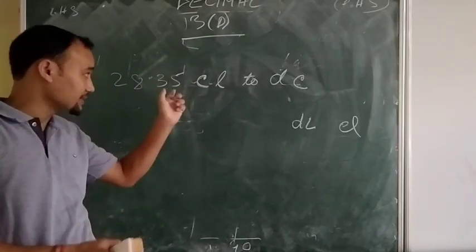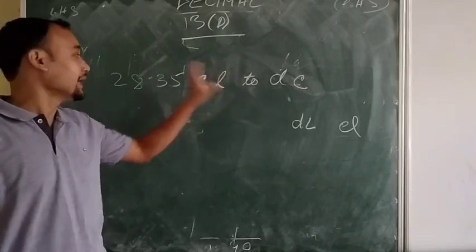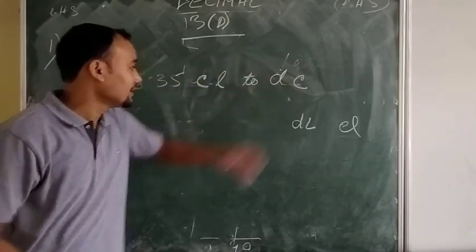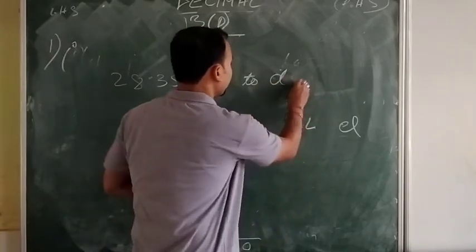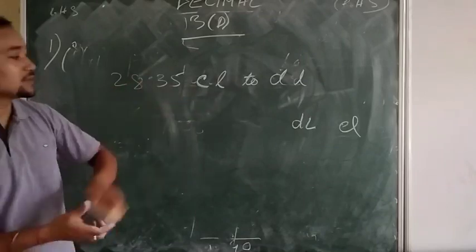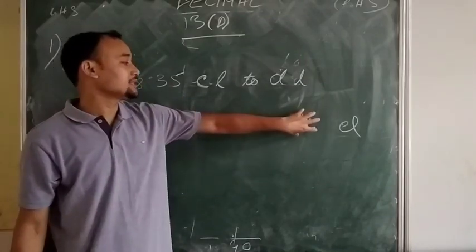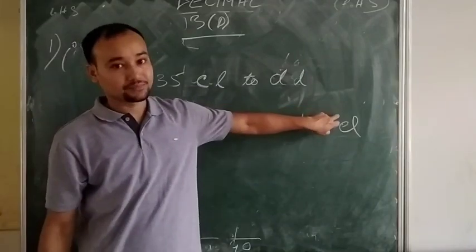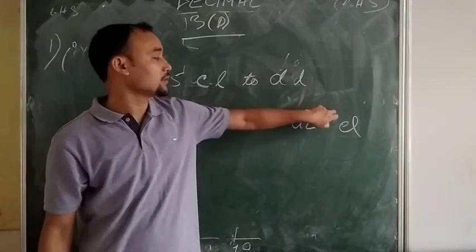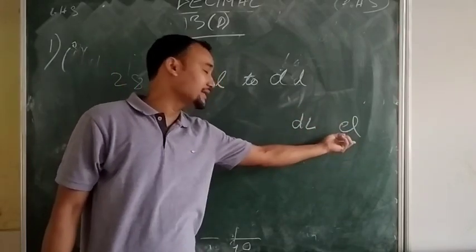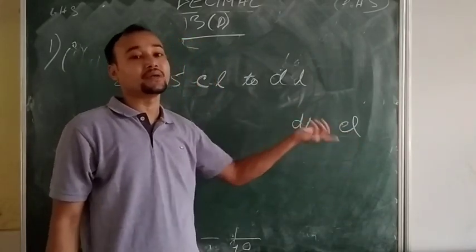In your book I have reversed this question. In your book the question is 28.35 deciliter to centiliter. In that manner we have to multiply, because this is big and this is small. If you want to go from a bigger quantity to a smaller one, we need to multiply. And if the reverse is happening, a smaller quantity is given and you have to make a bigger quantity, we have to divide.